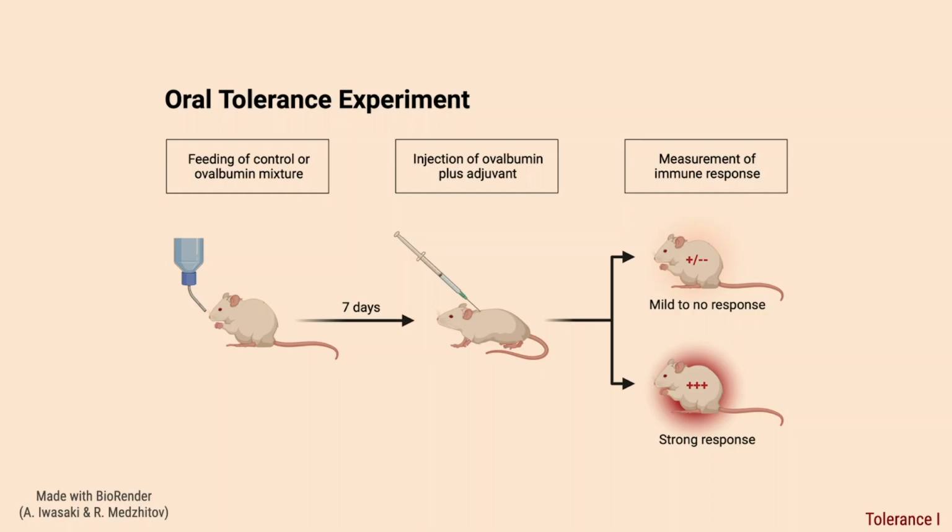If animals eat a protein orally, just drinking or eating the protein, and you wait a few days, a week, and then you come with the adjuvant plus the same protein, there is mild to no response to this protein, as opposed to if you didn't eat the protein prior to the immunization, where you have a strong response. This difference is called oral tolerance. There are a lot of interesting discussions and a lot is not known about this. But you guys understand the concept.